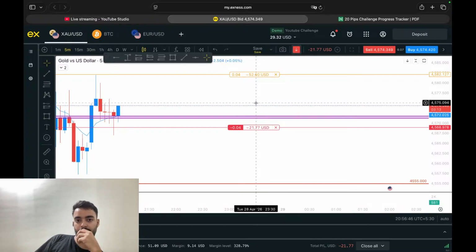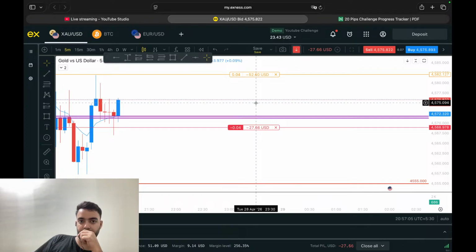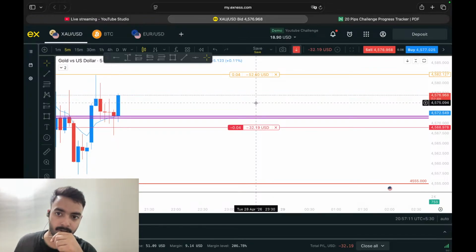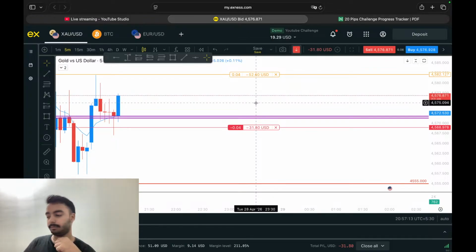There is a reason I have changed my TP to that area, because gold can try to manipulate us by taking us out and then giving the true movement. So this SL is safer than the original SL.